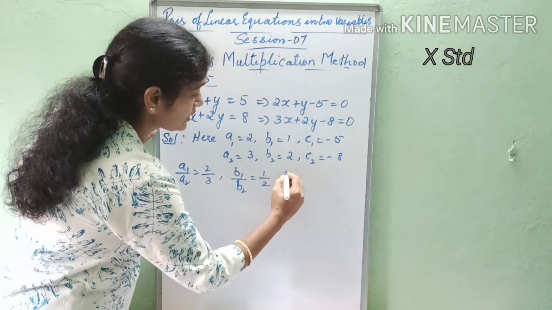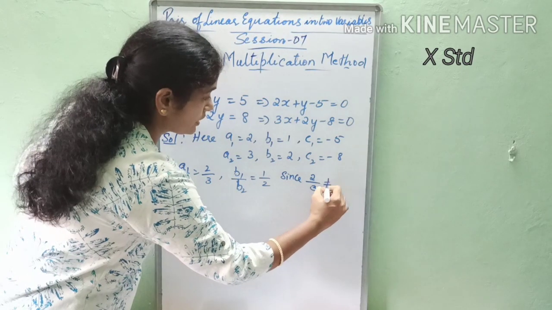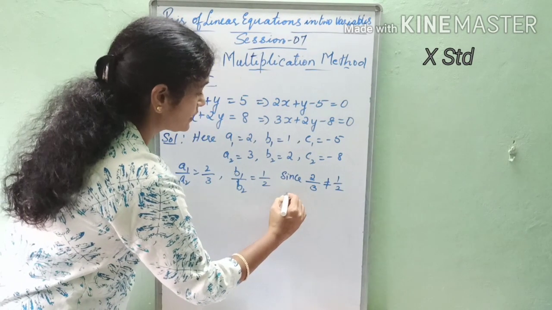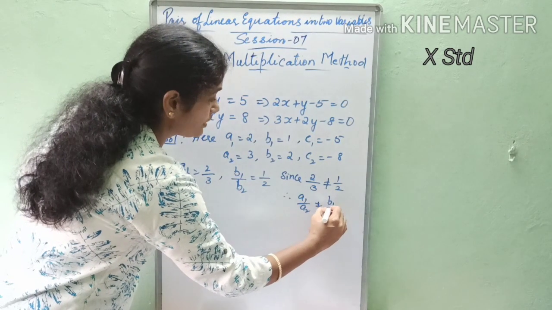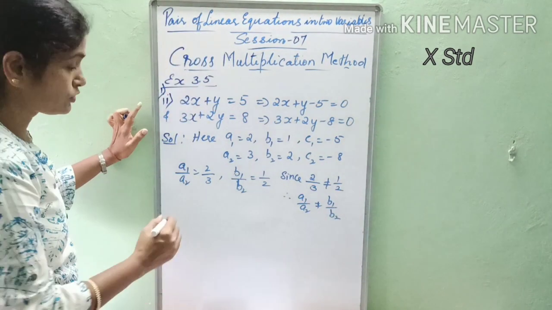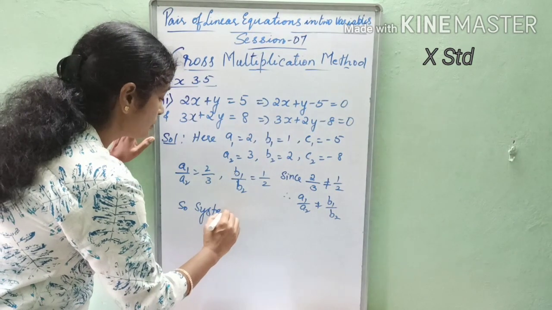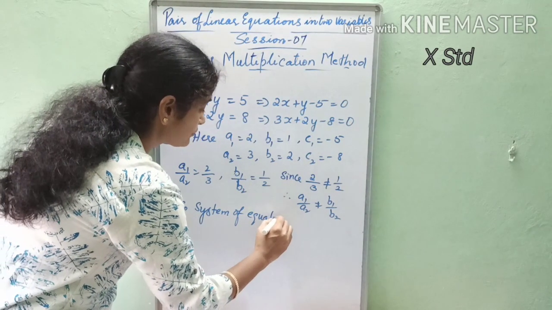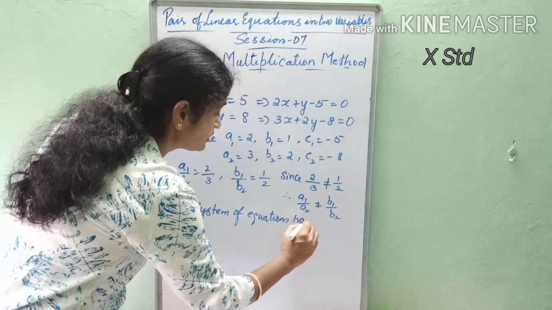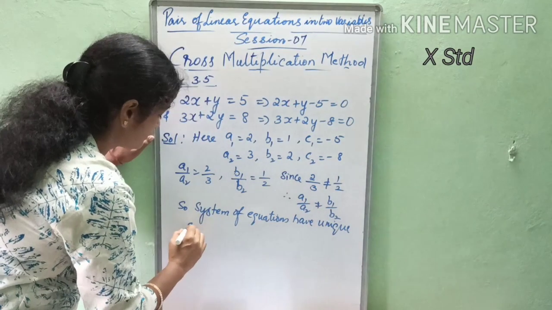Since 2 by 3 is not equal to 1 by 2, therefore a1 by a2 is not equal to b1 by b2. So the system of equations has a unique solution.